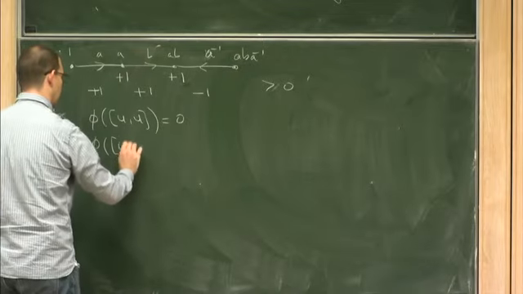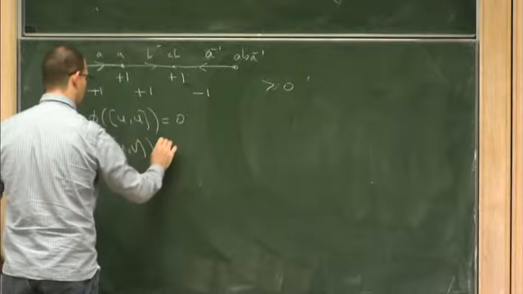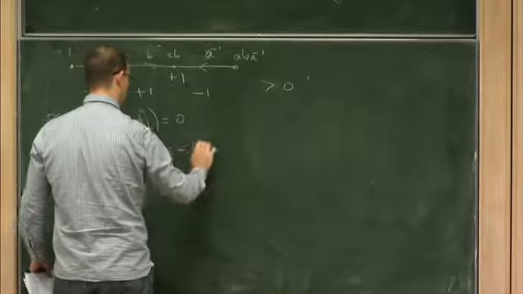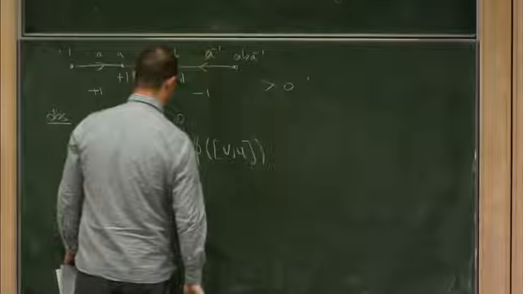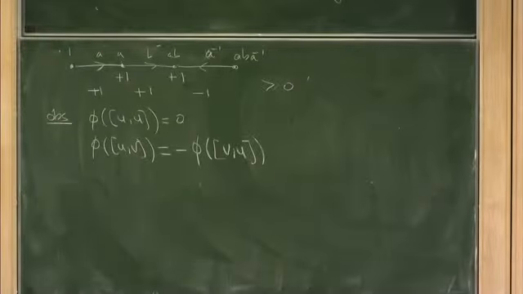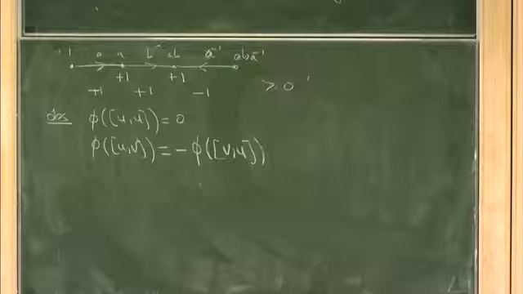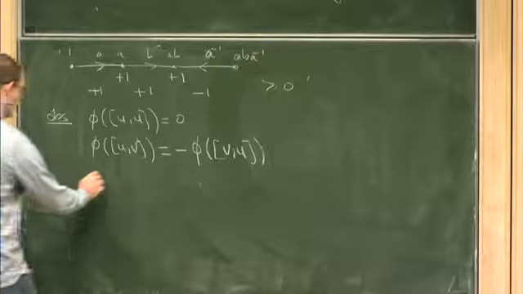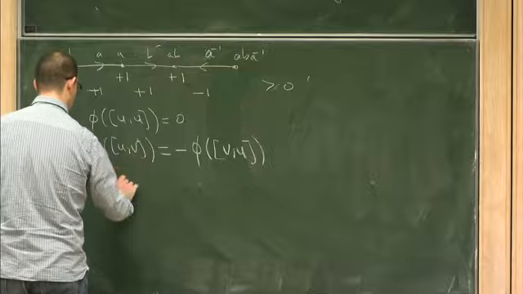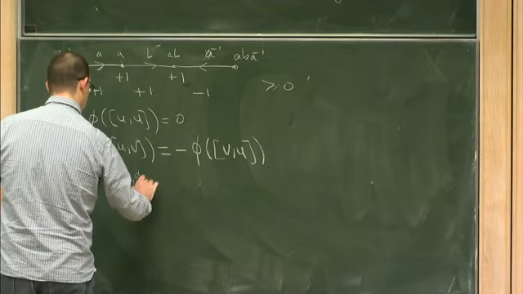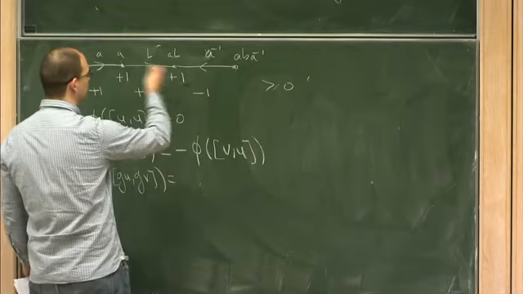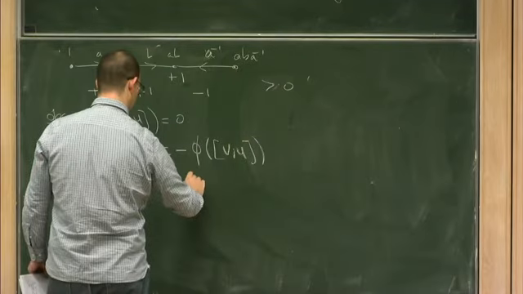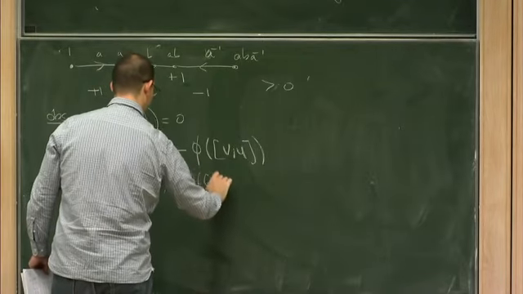You can see that if you reverse the orientation of the path, then you just change the sign, okay? And well, if you just multiply your vertices by something, you are just moving your path, but it looks exactly the same.